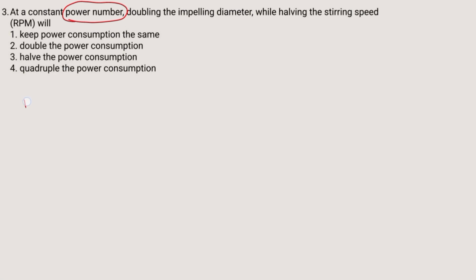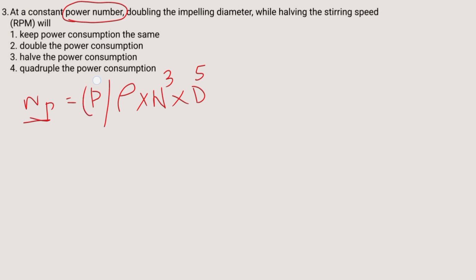If you take NP as the power number, then the equation is the power consumption by the impeller divided by rho, the density of the liquid, and thereafter the RPM, that is the impeller speed N, which should be in cube form, and the last one is D to the power 5, where D is the diameter of the impeller, and it is unitless.